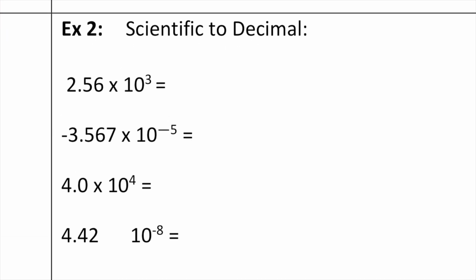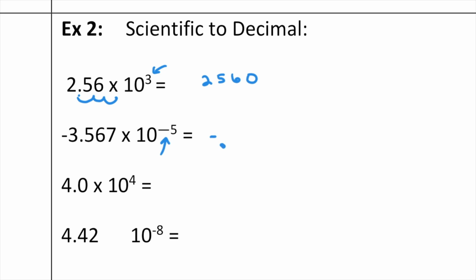Now we want to go from scientific to decimal notation. Notice where my decimal is, and I want to move it 3 spaces. I'm going to move it to the right because I want to get a larger number. So 2, 5, 6, fill in a 0 as a place value. Our second problem has a negative exponent, so we want a number that looks small.